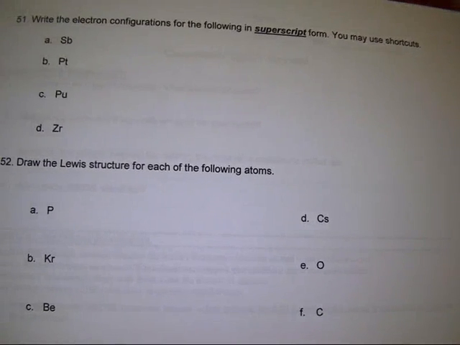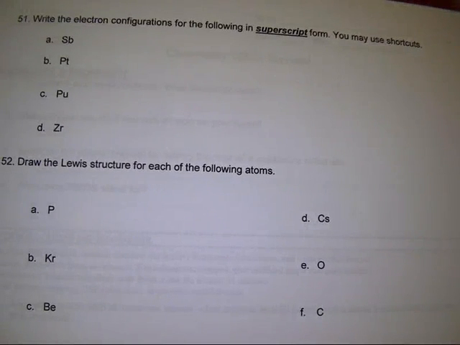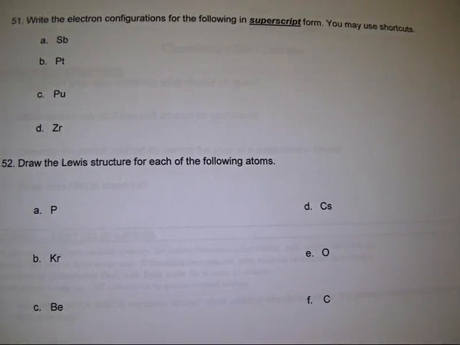Okay, let's go on to number 51. For number 51, we have superscripts. Instead of arrows, we're just going to write down how many electrons there are in the orbital as a superscript. Remember, a superscript goes on top of the symbol.